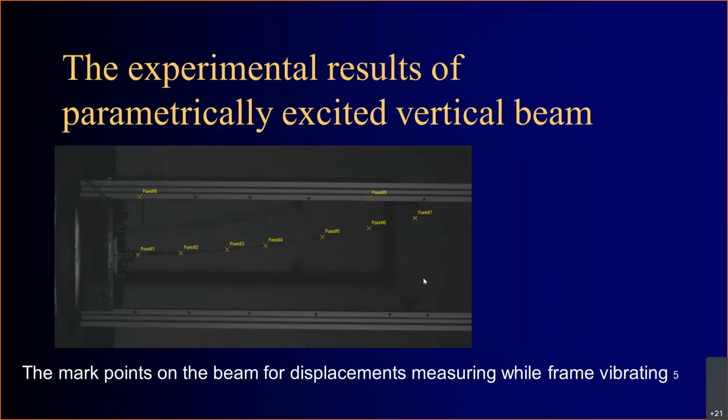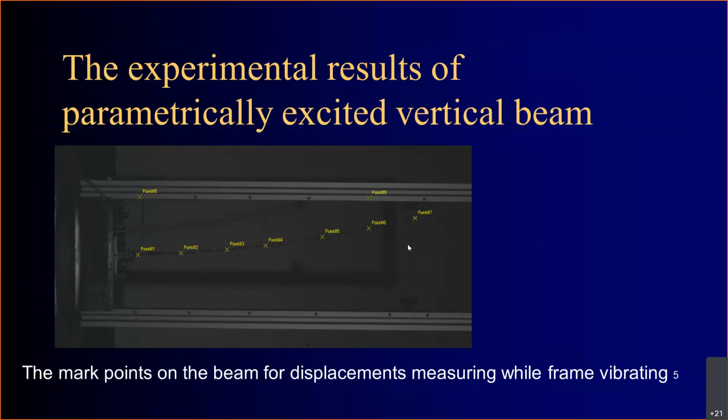Okay, and while the excitation amplitude was increasing, additional impact effects appeared and disturbances in the behavior of the beam occurred, because the tip mass touched the limiters, and the beam behaves differently when impact occurs or does not occur.